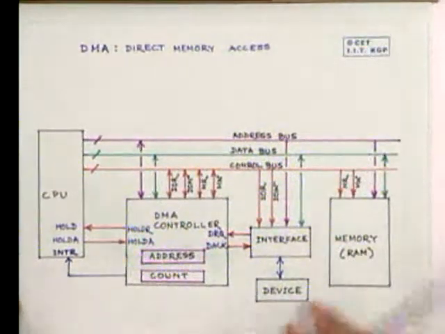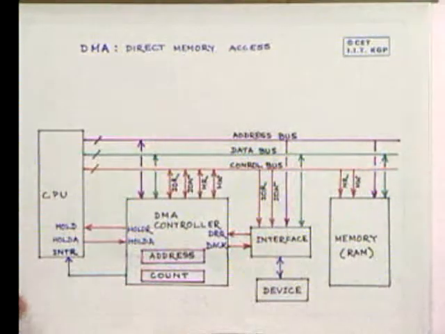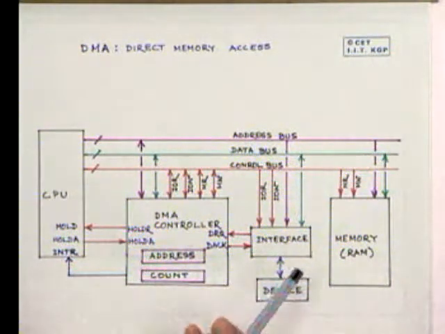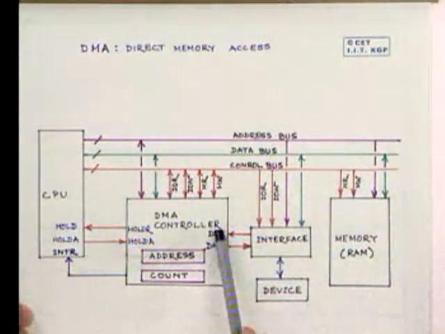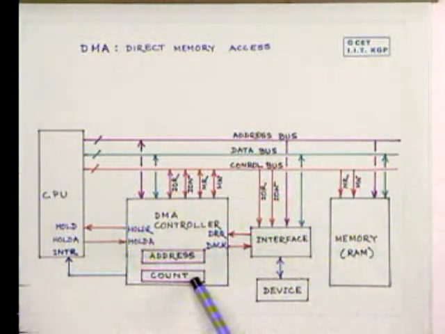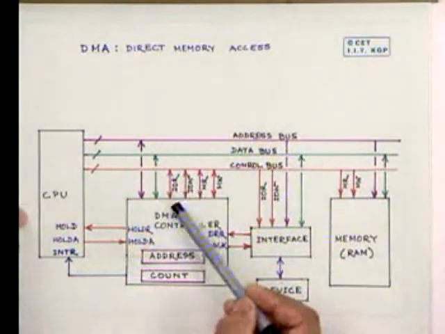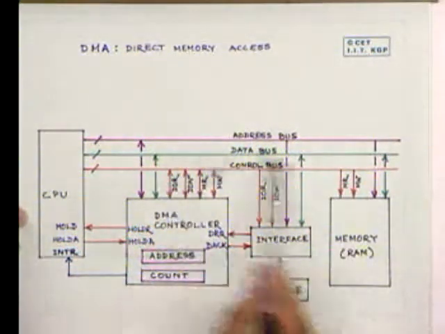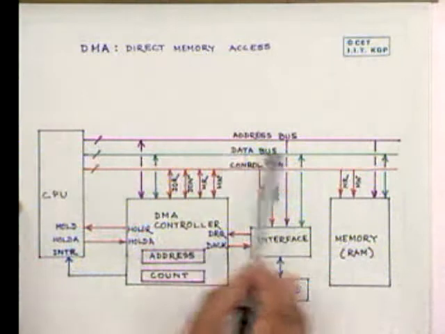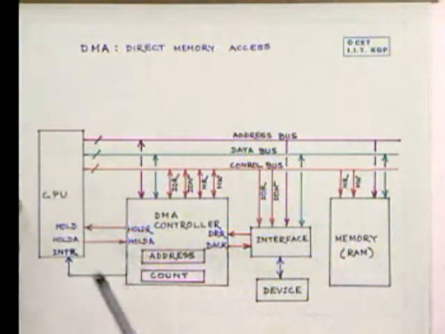I am showing here a simple diagram for direct memory access. As the name implies, a controller should be able to access the memory directly. Here is a CPU.